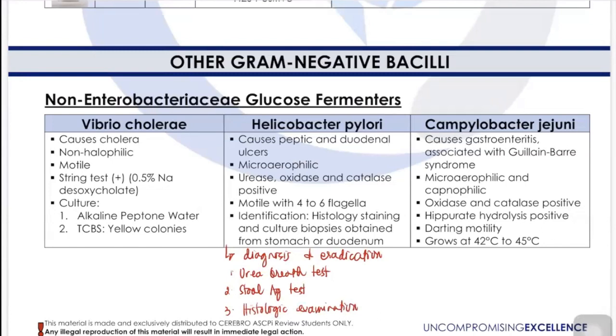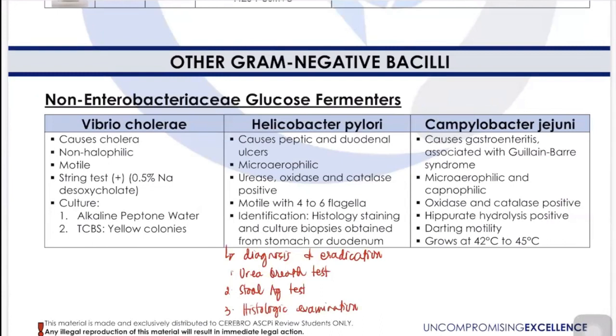And lastly, for this group, we have Campylobacter jejuni. Campylobacter jejuni is also a microaerophilic organism, and at the same time, it is also capnophilic. We know that when we say capnophilic, it requires a higher concentration of carbon dioxide. Take note of the right mix of the environment for the growth of Campylobacter jejuni.